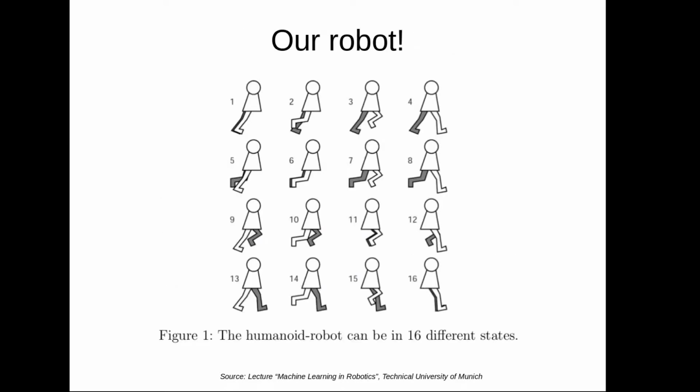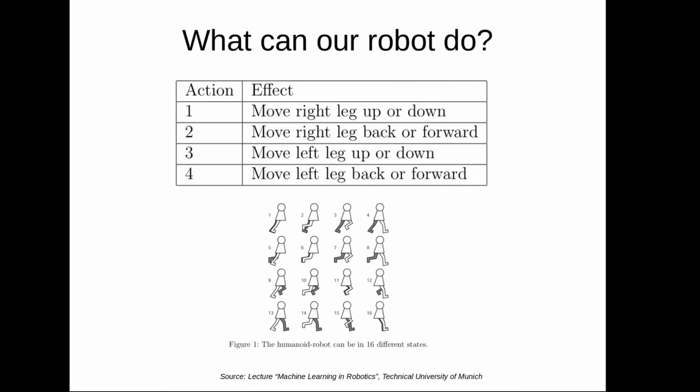Okay, finally, our simple robot that we'll use in this tutorial. It is defined only by 16 states, 4 states for each leg. Each leg can be up or down, front or back. Also, our robot can perform 4 simple actions: move the leg up or down, back or forward.